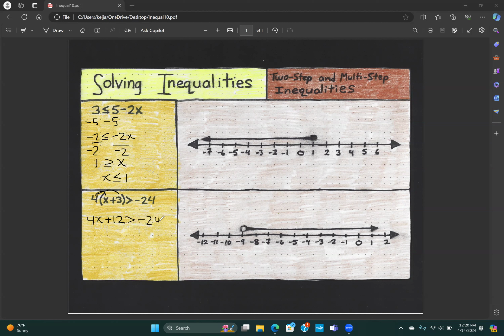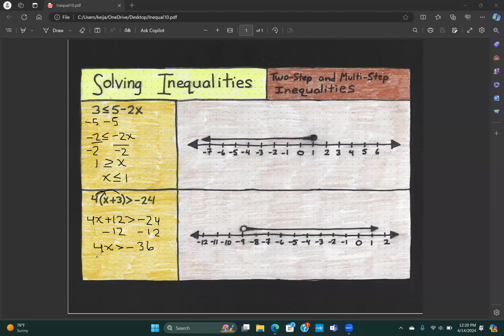And now we have to get numbers on one side of the inequality and variables on the other side of the inequality. And we're going to do that by subtracting 12 from both sides. And now that we have done that, now we have 4x is greater than a negative 36.